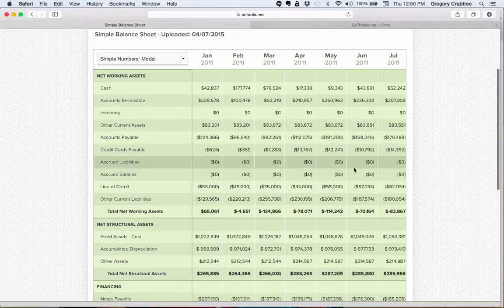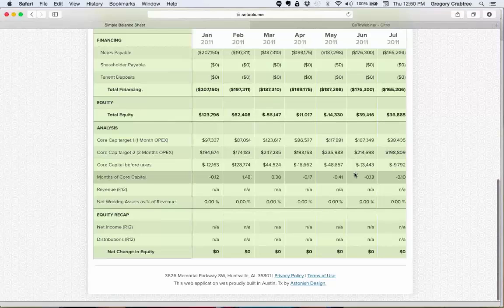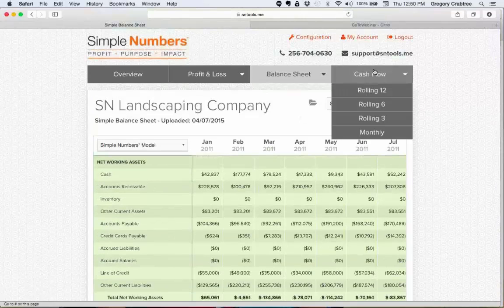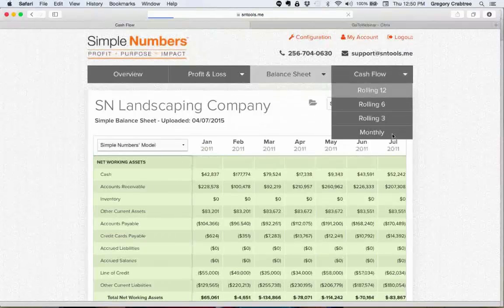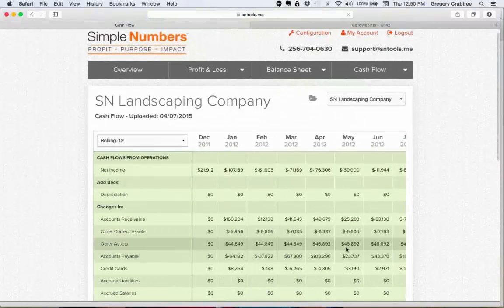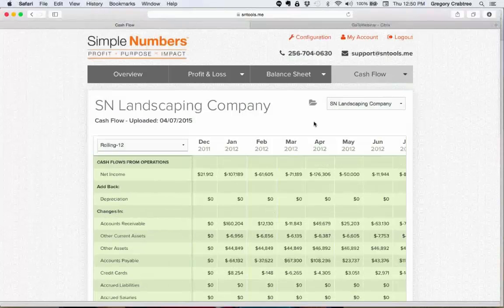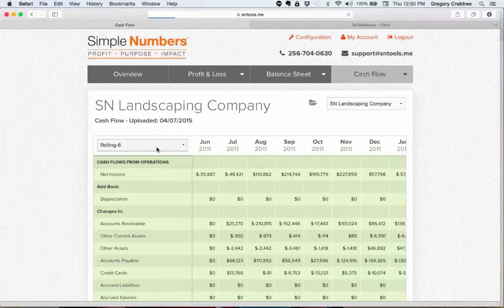So same thing there, it actually gives you the same analysis down below. We have several people that really like that as a function. If you're into looking at cash flows, same thing in terms of a traditional cash flow statement. The cool thing here is where most reports only give you cash flow on a monthly basis, we're actually showing you rolling 12, 6, 3, or monthly.